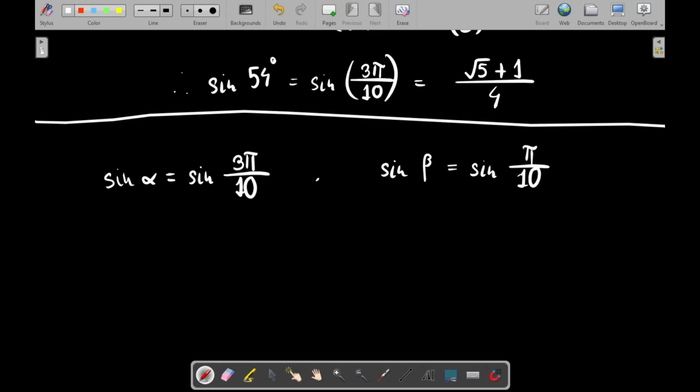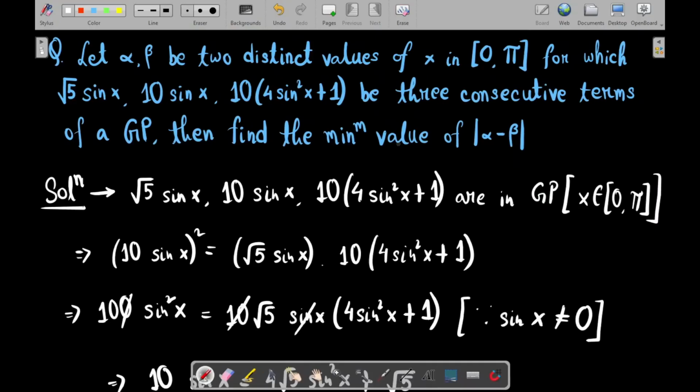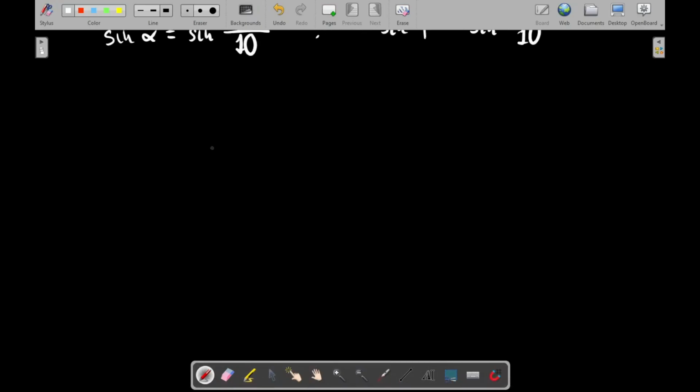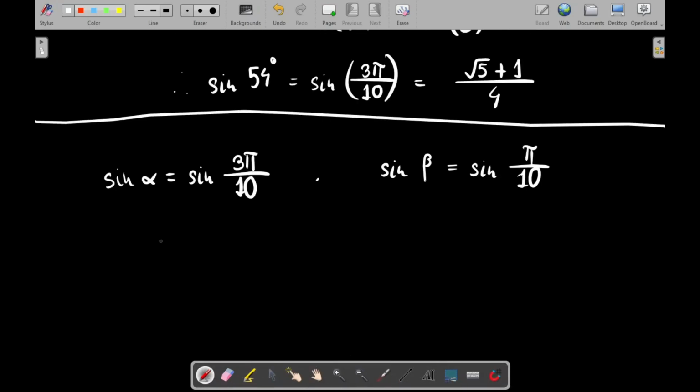But we are given that alpha and beta lie up to the second quadrant, up to pi. So these are the acute angles. Now for the obtuse angle, this can also be written as sin of pi minus 3 pi by 10, so this becomes sin 7 pi by 10. This is another angle.